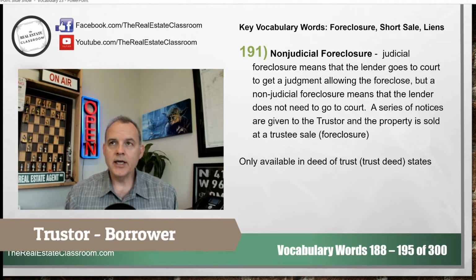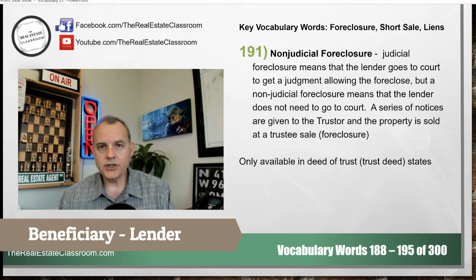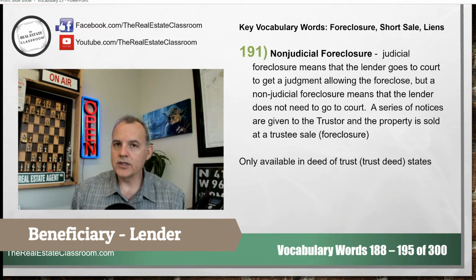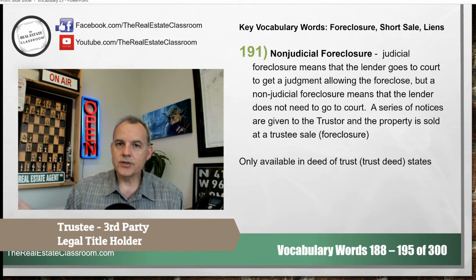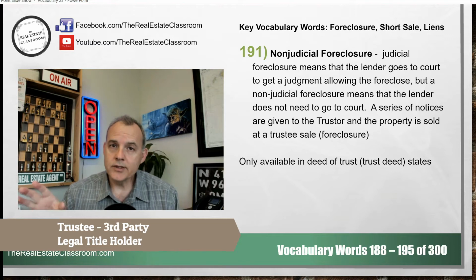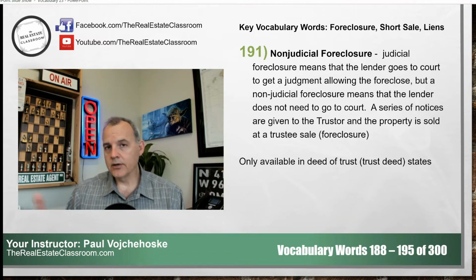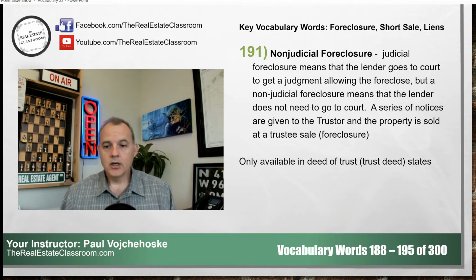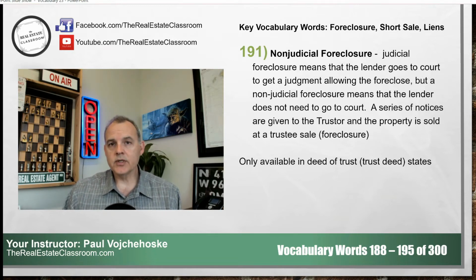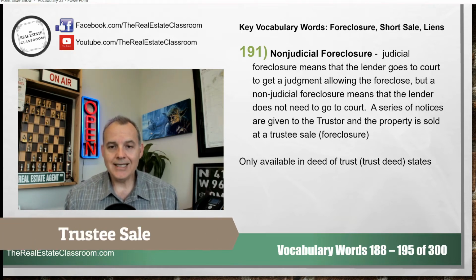Now remember, in a deed of trust, we have the trustor, which is the borrower, the beneficiary, which is the lender, and the trustee, which is that disinterested third party that actually holds legal title to the property. So when the borrower, the trustor, stops making their mortgage payment, the beneficiary, who is the lender, notifies the trustee to issue the notices and proceed with what's called a trustee sale.